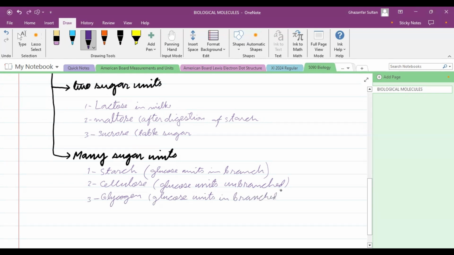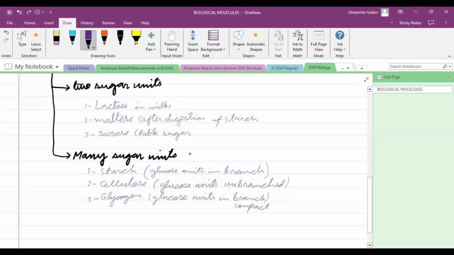But remember that this branching is very compact in glycogen, so this type of branching is compact as compared to starch.